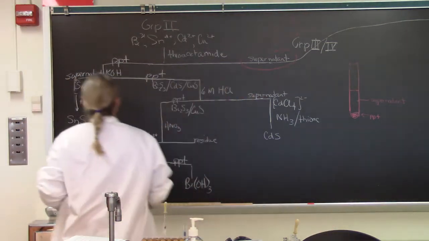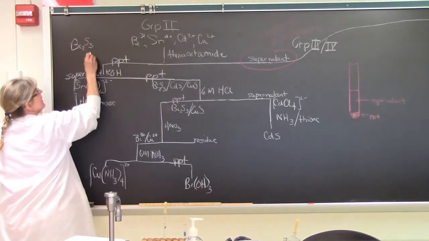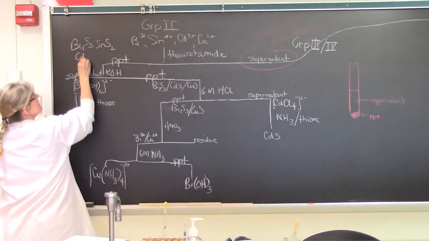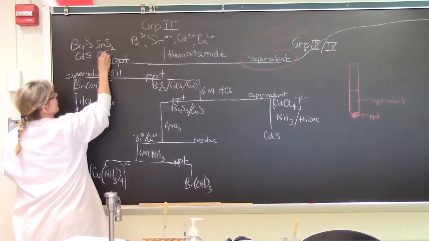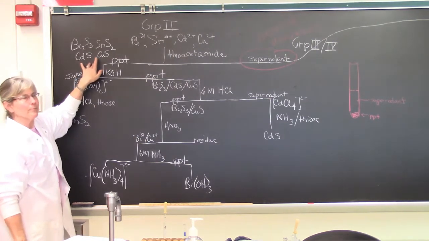We're going to have bismuth sulfide, tin sulfide, cadmium sulfide, and copper sulfide. All of those will be in the precipitate, and it's going to be black and disgusting.